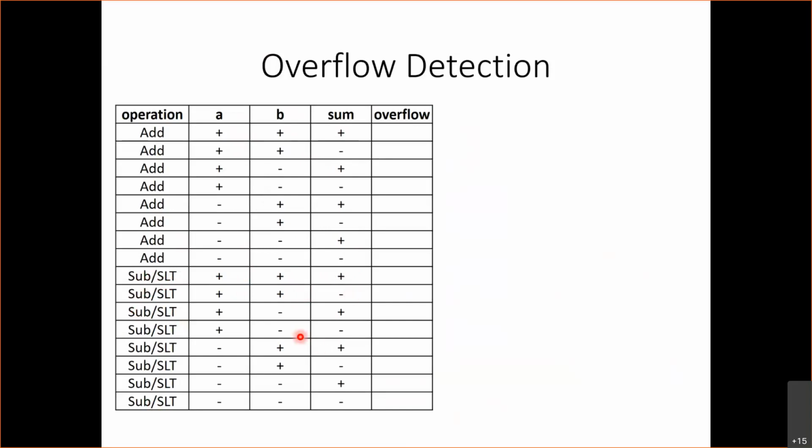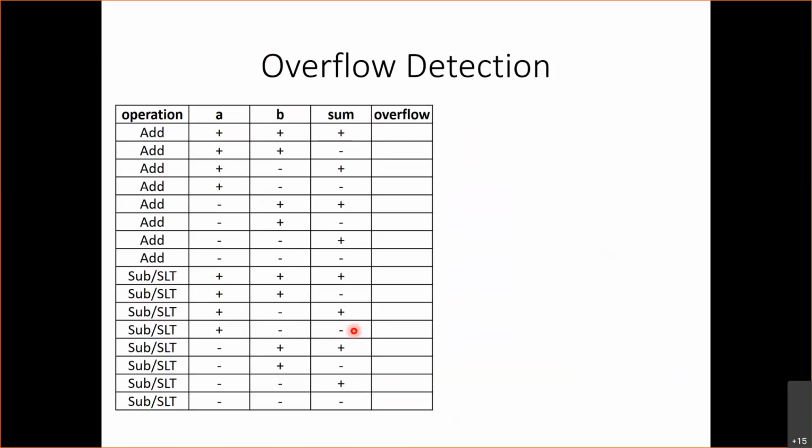And a negative number from a negative number is also fine. But if I subtract a negative number from a positive number and get a negative number, then there's something wrong, right? Because if I subtract a negative number from a positive number, it's like adding two positive numbers. So I should not be able to get a negative number here.